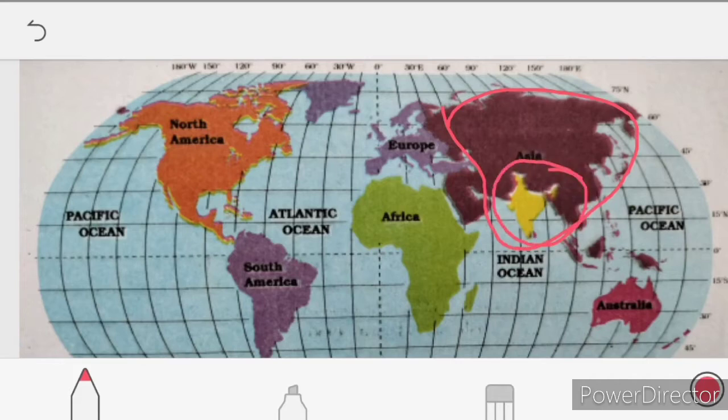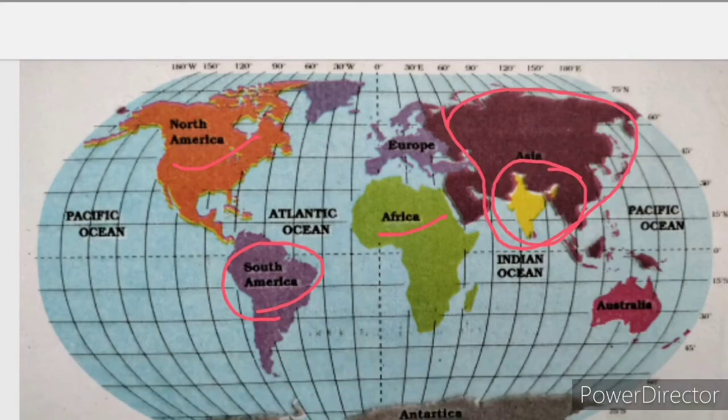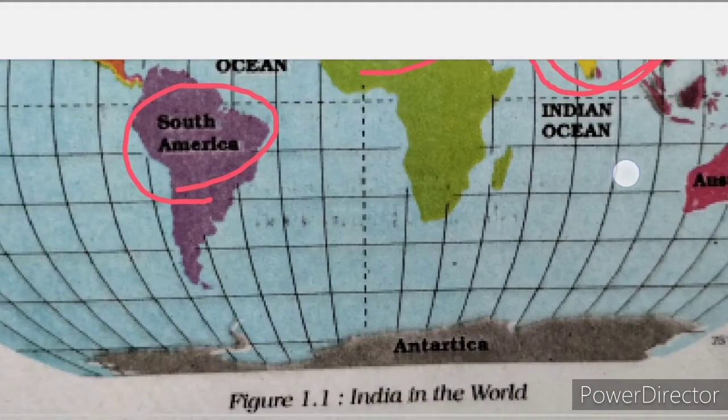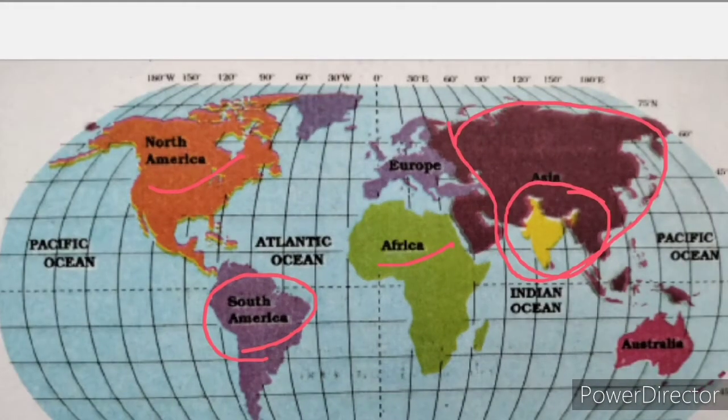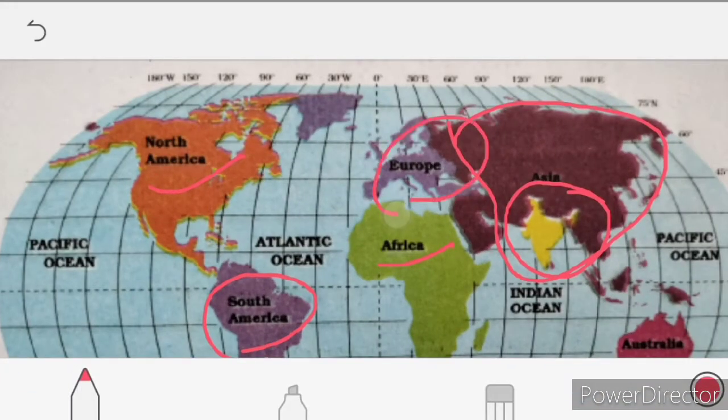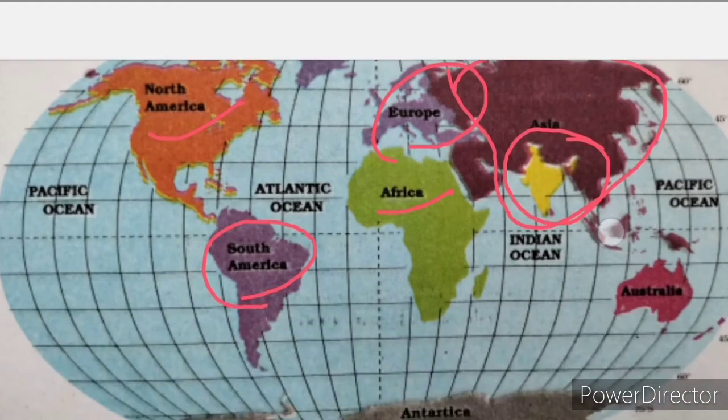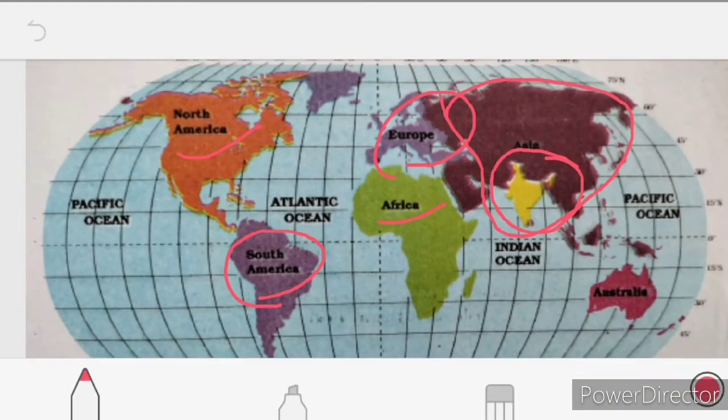The second continent is Africa, third is North America, fourth is South America, and fifth is Antarctica, which we see here. The next continent is Europe, and the last and smallest continent is Australia, which we find here in the Pacific Ocean, beside the Indian Ocean.